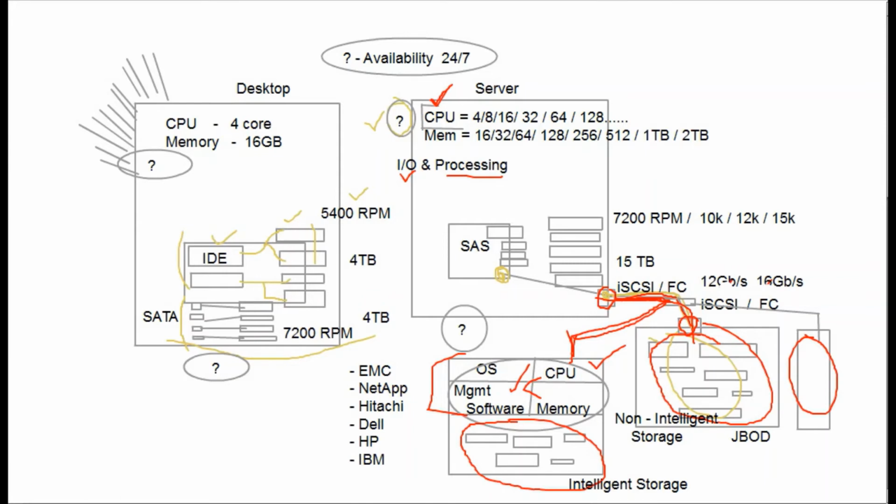Earlier it used to be Sun, now it is Oracle, right? So these are all the vendors, plus many more. They are the popularly known top list. All these vendors are providing you the storages.